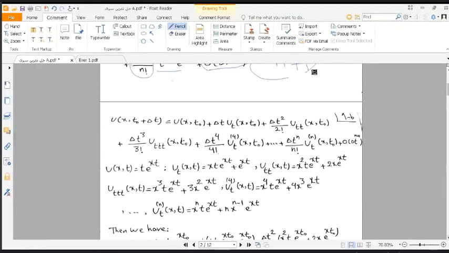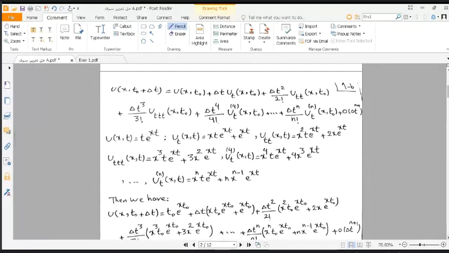We go to question 1, part B. At this part, we want to apply Taylor's theorem for u of x and t with respect to t. This means I suppose that x is constant and t is a variable, and we apply delta t for the change in t0.